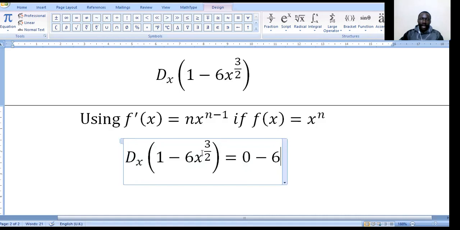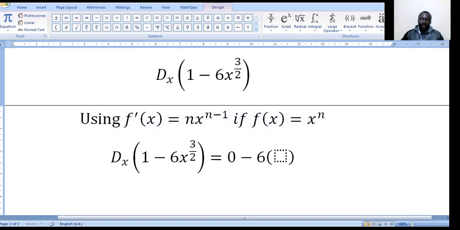Now notice that the derivative of x with this is going to take this form. So it's better for us to have a bracket. Now, here, n is 3 divided by 2 by comparison. When you check through, n is 3 divided by 2 and x is this one. We have kept this away. We are now dealing with this x raised to 3 over 2.